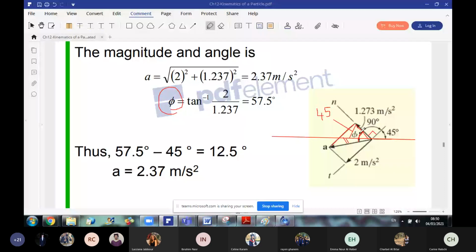Okay, this will give me the angle I want here. So I deduce that the angle of A with the horizontal is phi minus 45 equals 12.5 degrees. Now I know everything about A. So if I want to represent A, I can just represent it by a vector like this, having an angle of 12.5 degrees with the horizontal and a magnitude of 2.37. Okay.